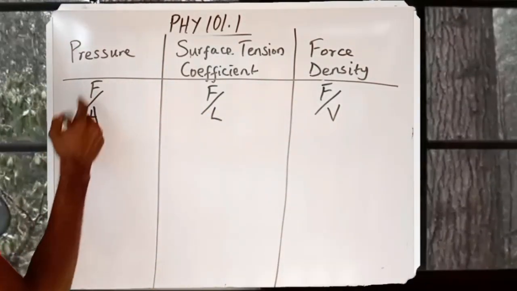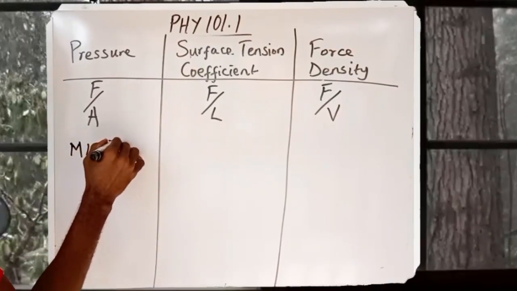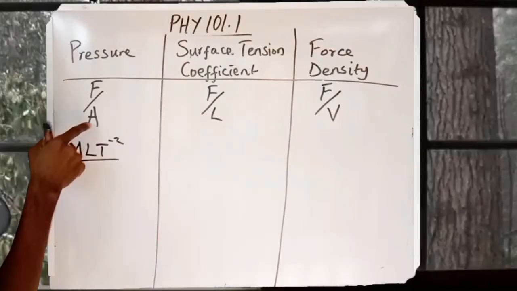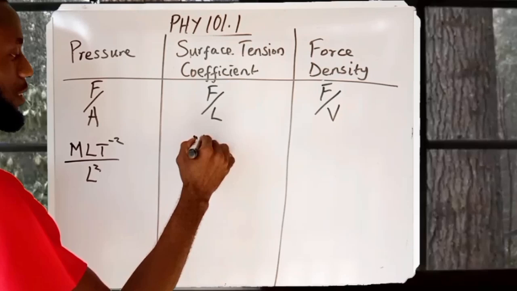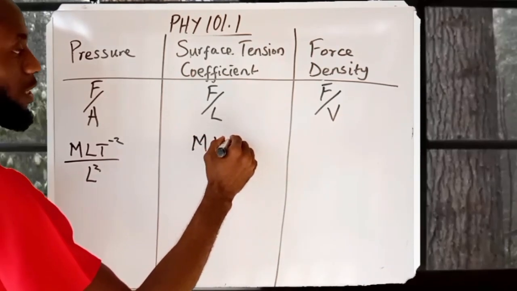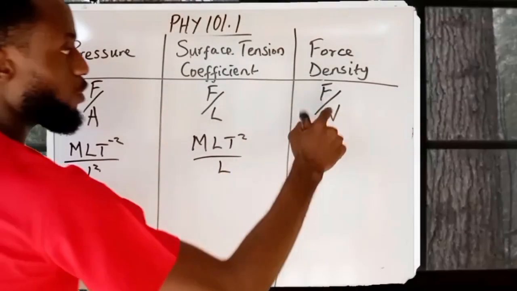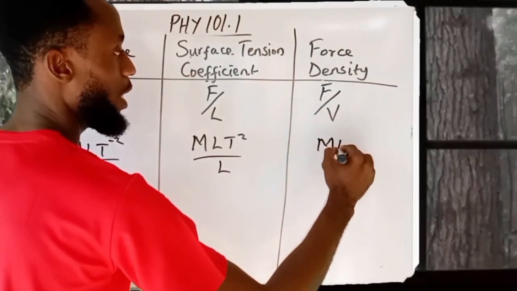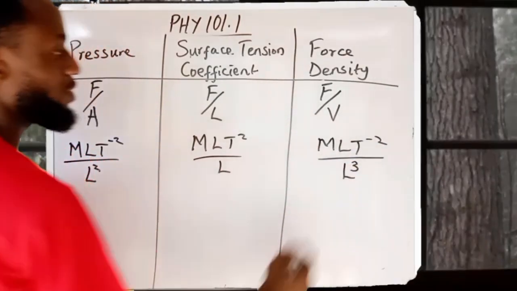So for this one, we already know force is mass times acceleration, which is MLT^-2, dividing by area, which is L squared. Force over length means mass times LT^-2, dividing by length. While force over volume means mass LT^-2, dividing by volume, which is L raised to the power 3.